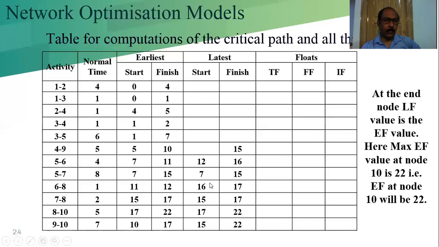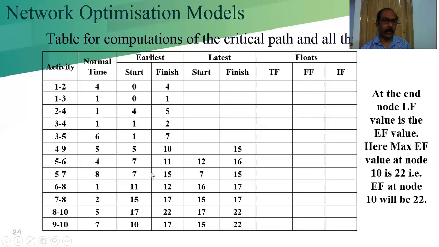Now we are going to calculate 5 7. From the calculation already done, we have to check where the 7 value is. What is the value of this? 15. This is with respect to 7 8. 7 is the predecessor, 8 is the successor. What is the start value? The latest start value is 15.